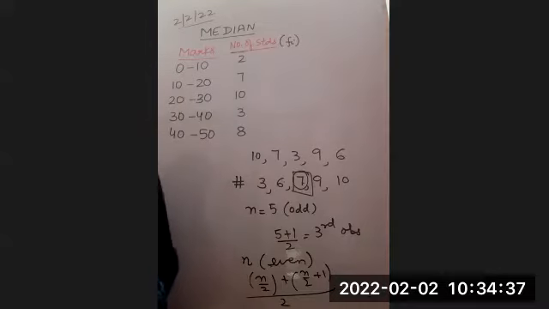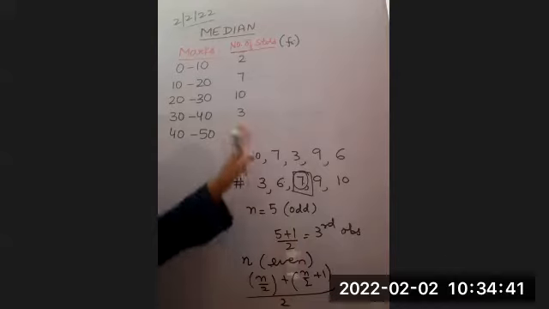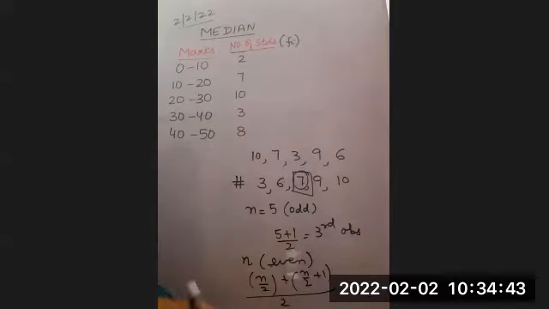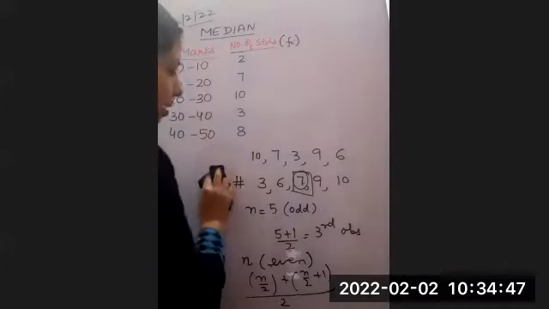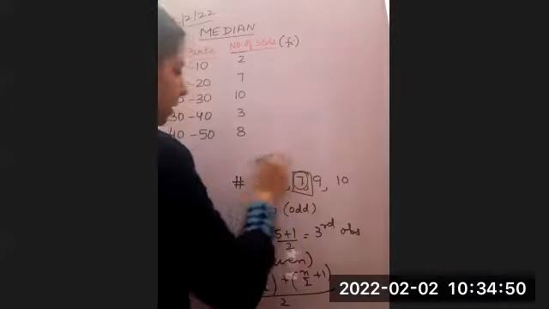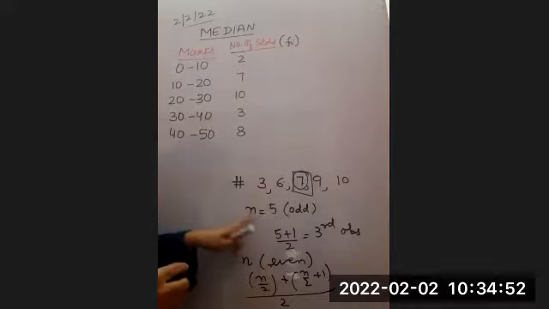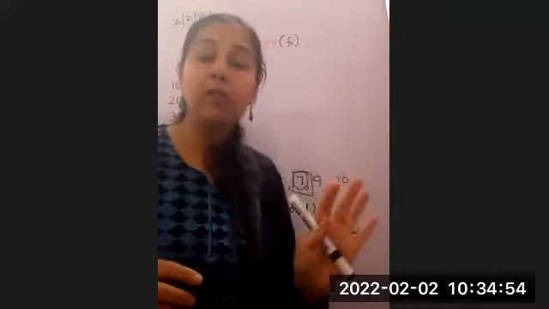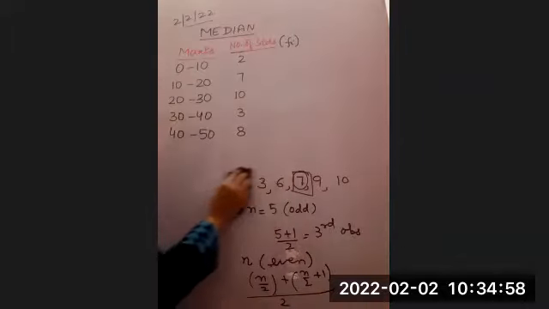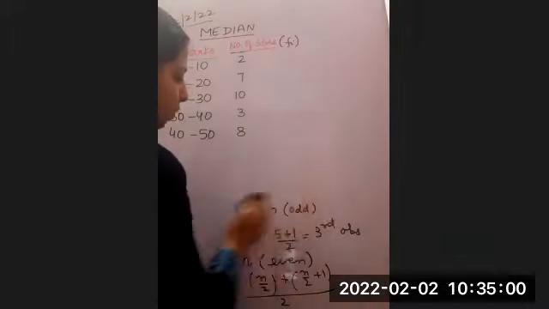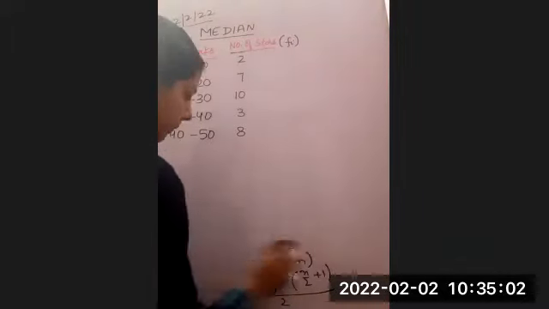Now here in this question, ascending order is done, so this step we don't have to bother. What we have to bother about is n. And here also we don't worry whether it is odd or even. We just have to look for the total n. Can you tell me n, small n, in this particular question?